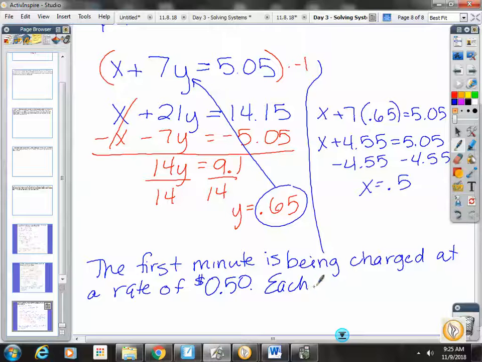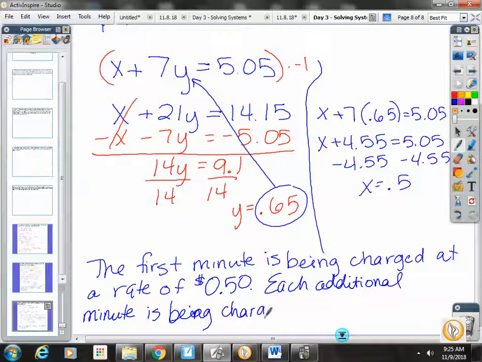Each additional minute is being charged $0.65.